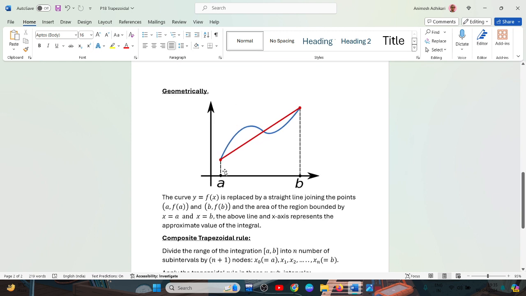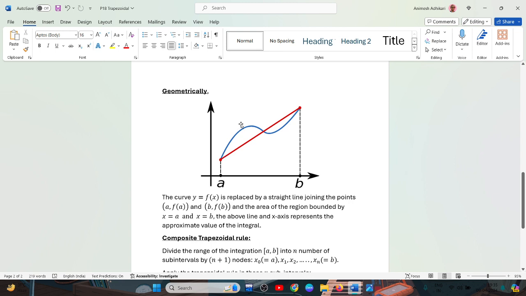Geometrically, this is the horizontal x-axis, the y-axis, and this is the curve y equal to f(x), and this is the straight line. This is the point A, so this point is (a, f(a)), and this point B, so this point is (b, f(b)).